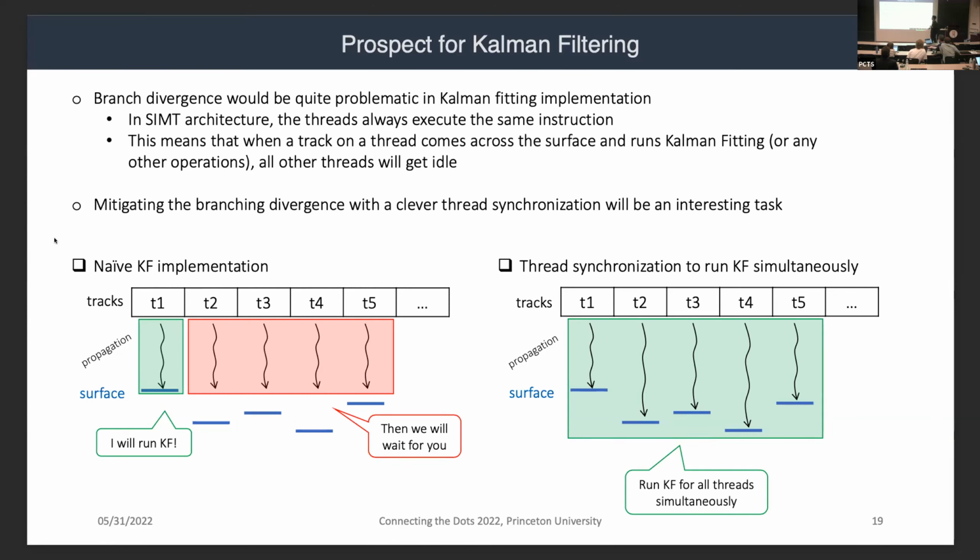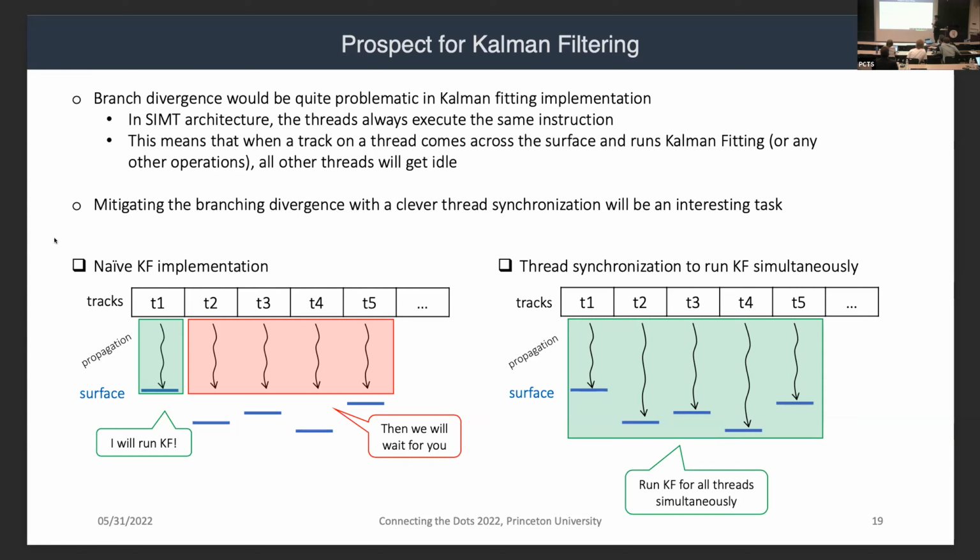Which means that if you see the left figure here, let's say we implemented the Kalman filter inside CUDA very nicely. For example, thread 1 is running the propagation and Kalman filtering for the first track, and the second thread does the same thing for the second track.